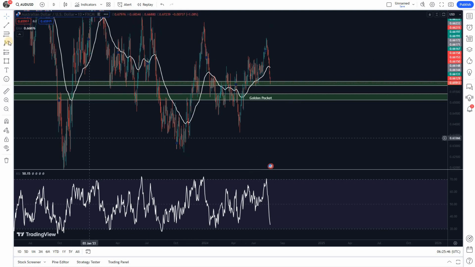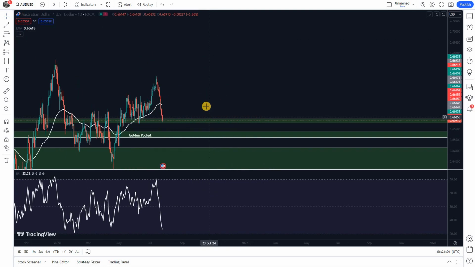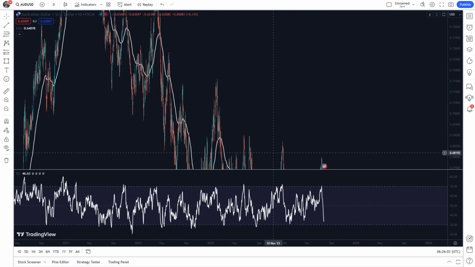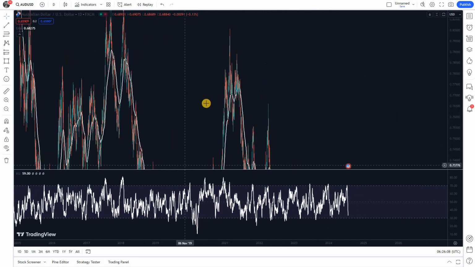As we can see, maybe this is the area where the market got multiple rejections. So this is a strong resistance, so it means the market will maybe move in the up direction, but we need to understand something here.